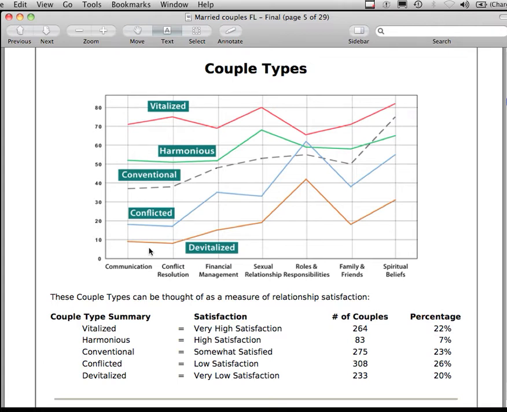They feel that their communication, their conflict, their finances, their sex life, everything is really struggling at this point. They have a little bit of a better sense of roles, but even roommates can have good roles. You can live in a very separate, disconnected relationship and still get the chores done. And really that's all that's happening for these couples.